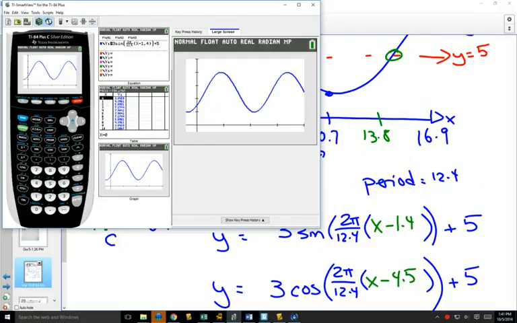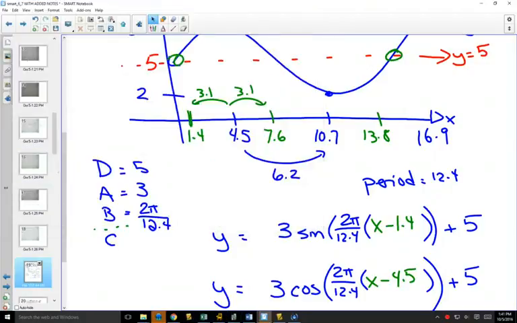On part B, it says estimate the depth at 1:30. So if we were estimating 1:30 in the afternoon, where would that be on our graph? What number would we be looking at? 13.5. So what are we going to estimate? About 3? Okay.